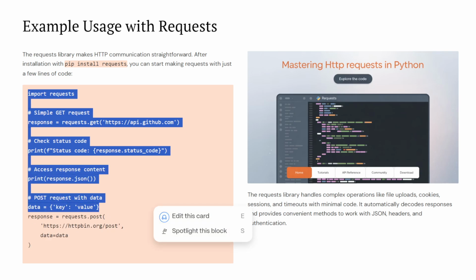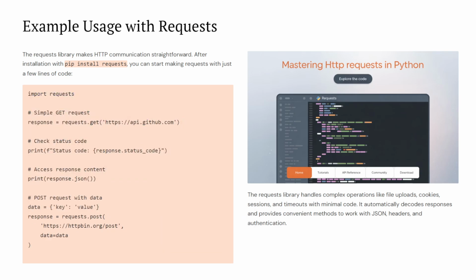Pause the video, try this out for yourself, and then see how the requests library handles complex operations like file uploads, cookies, sessions, and timeouts with minimal code. It automatically decodes responses and provides convenient methods to work with JSON, headers, and also authentication.